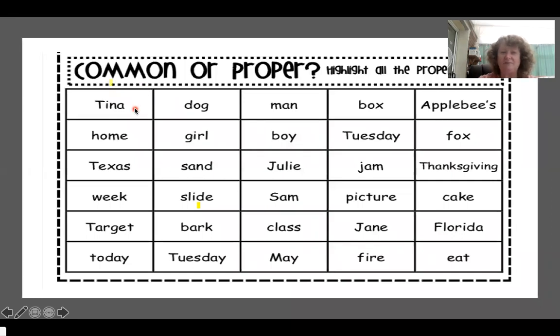So Tina. Tina is a proper noun because it's the name of a person. So if you wrote that down on your list, well done to you. Let's go down. Home? No, because it could be any home. Texas.